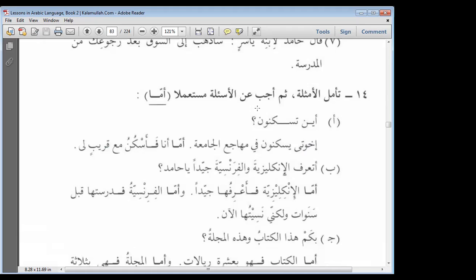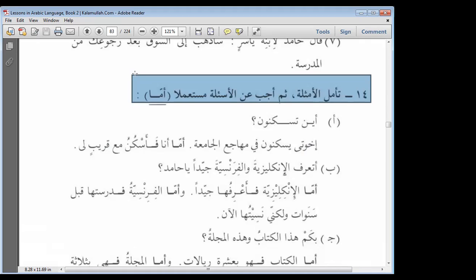All right, so we go into the next exercise, which is exercise 14. Study the examples, then answer the questions using amma.